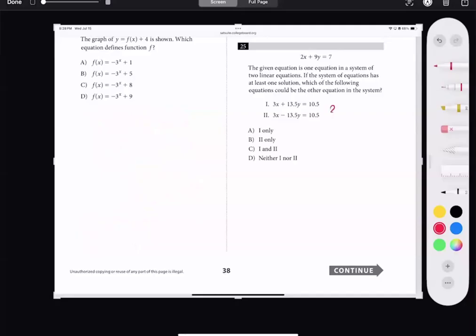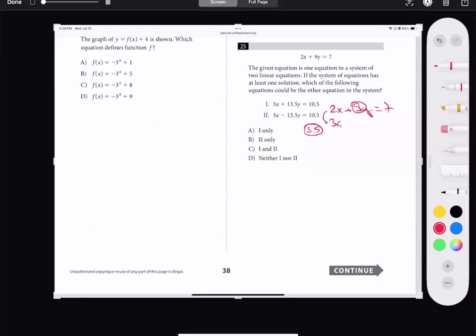So 2x plus 9y is equal to 7. To go from here to here, you multiply by 1.5. Do you agree? Multiply 9 by 1.5 too, please. Sorry, I gotta pull up Desmos. 1.8?